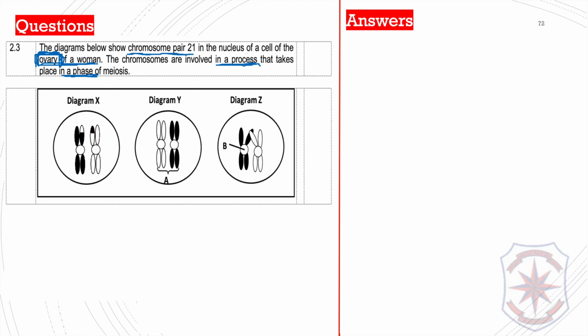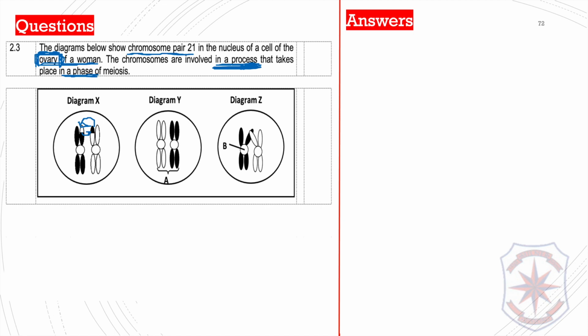So it means there was an exchange of genes at that point over there. There was an exchange of genes at that part over there. Okay? So it has already taken place. And which process is involved with the exchange of genes? We know that as crossing over. So the process that the statement might be referring to might be crossing over, depending on the context of the question.